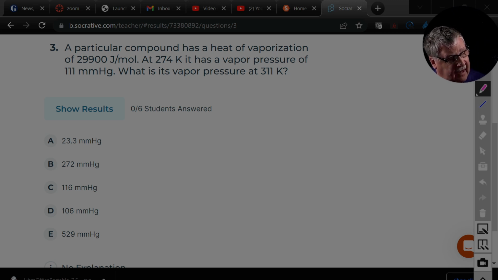Here we have a compound with a heat of vaporization of about 30 kilojoules per mole. Okay. Now, if the compound has a vapor pressure of 111 torr at 274 K, what would we expect for the vapor pressure at 311? Is it going to go down or is it going to go up?